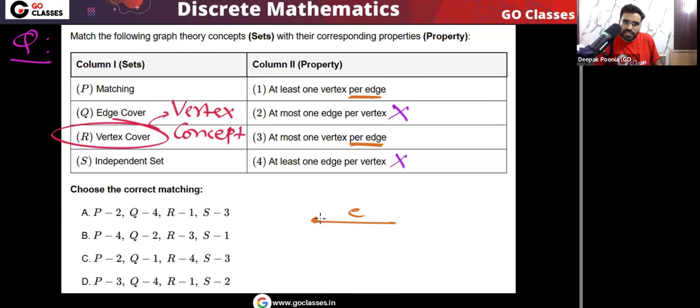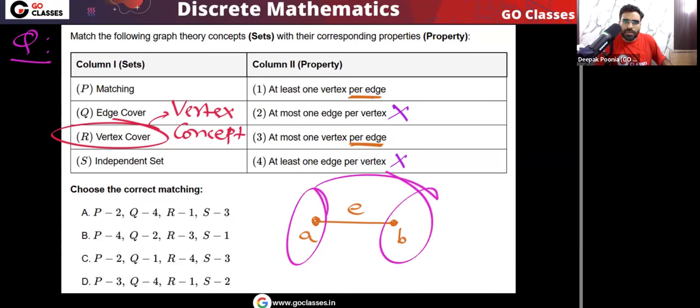So let's assume this is the edge E, with vertex A and vertex B. So tell me, vertex cover means we want to cover all the edges. I want to cover this edge E. So A or B, at least one of them I need to take. Do you agree with me?